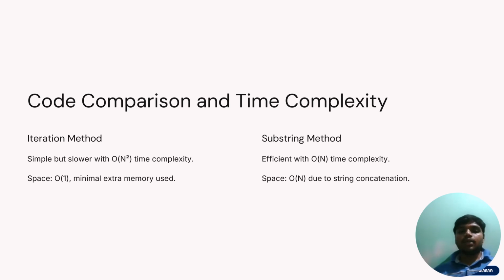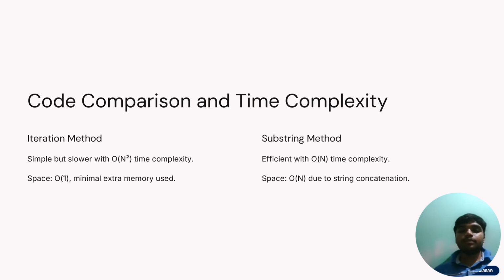Pattern matching. In algorithms like the Rabin-Karp algorithm, string rotation can help in effectively searching for patterns within large texts. By rotating strings, you can generate all possible configurations of a string to check for matches.